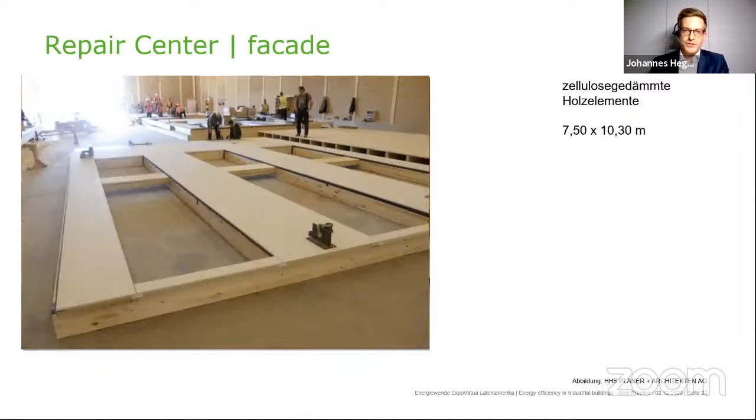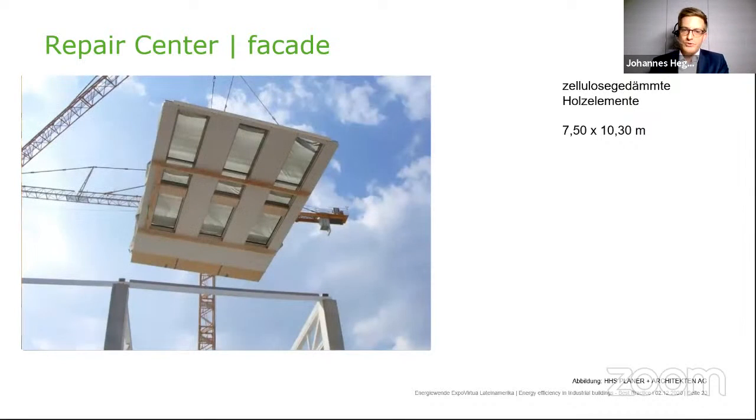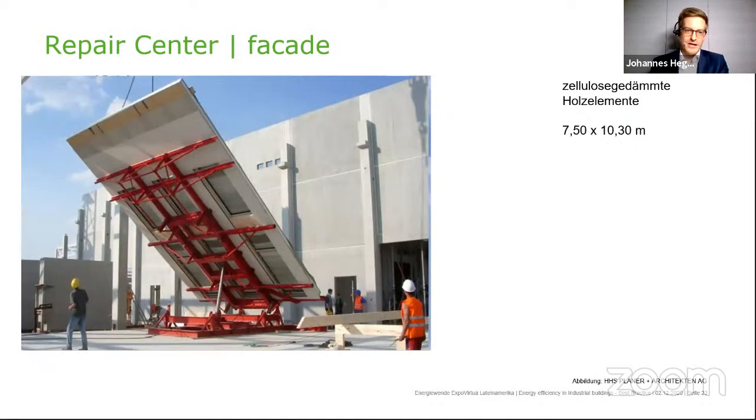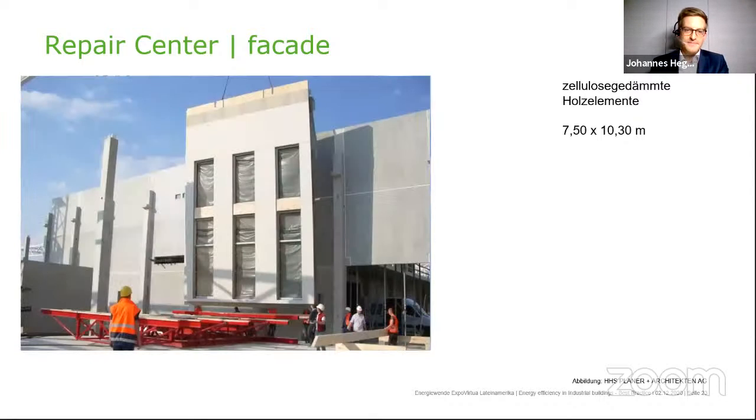These are the finished wall modules, 10.3 meters high, and they used a normal crane to put them to the wall area and erect them like that. So actually a quite easy process, and if we are looking at the CO2 footprint of this building, it was a huge step to reduce the CO2 emissions.